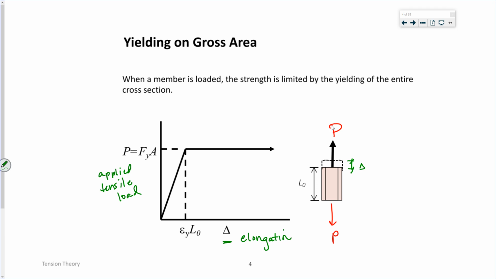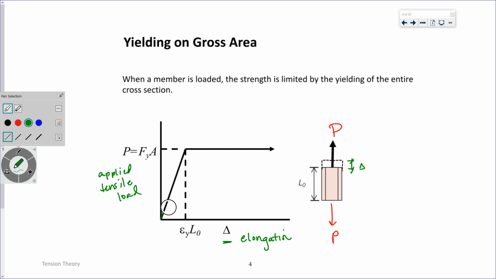And it's comparable to a stress strain curve. We have some point at which it's behaving elastically. This is the elastic portion. And then this is perfectly plastic.